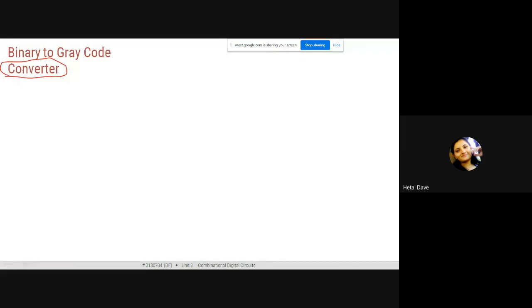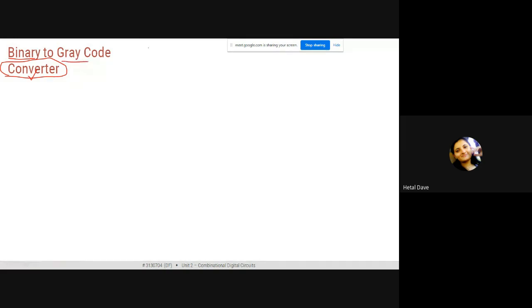What is our aim? First of all, we need to design one circuit that can convert one code to another code. We take binary code as input and convert it into gray.